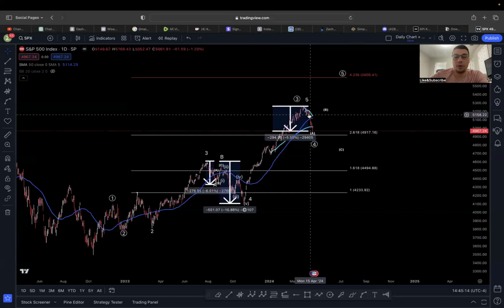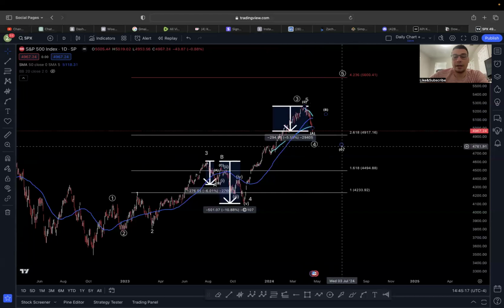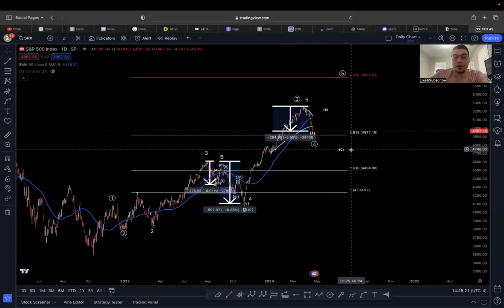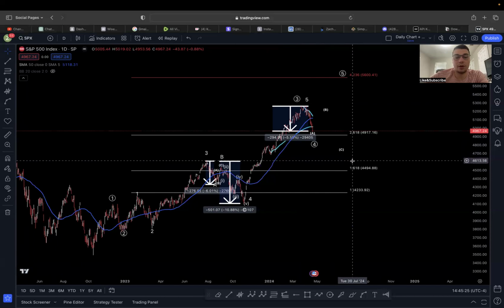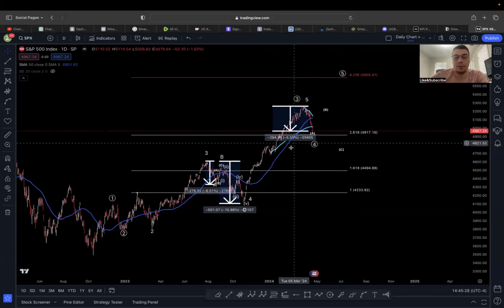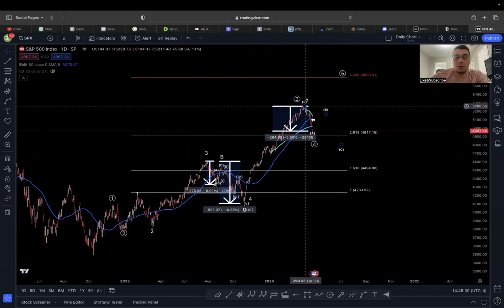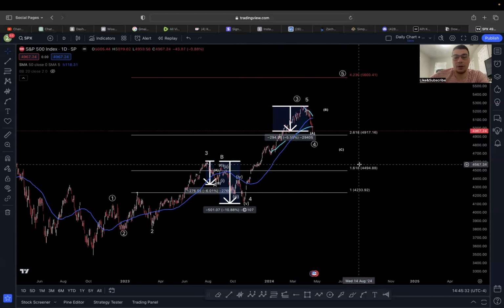And now we're looking for this ABC correction that could potentially take the S&P 500 down to about 4,650 to about 4,900. That is where I see this correction ending, right?